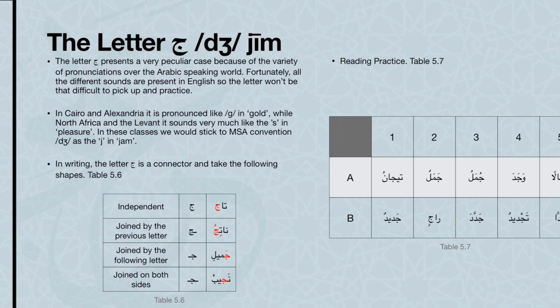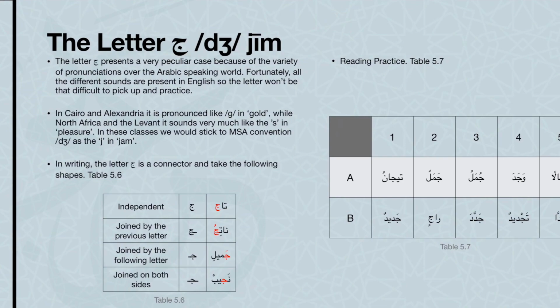The area in the Peninsular Arabia have a way of pronouncing it. In Yemen, it's different. So the letter is very variable. But fortunately, all these variations that you are going to hear in your long journey of learning Arabic are available and present in English. So it's not going to be a very weird pronunciation that you cannot reproduce.